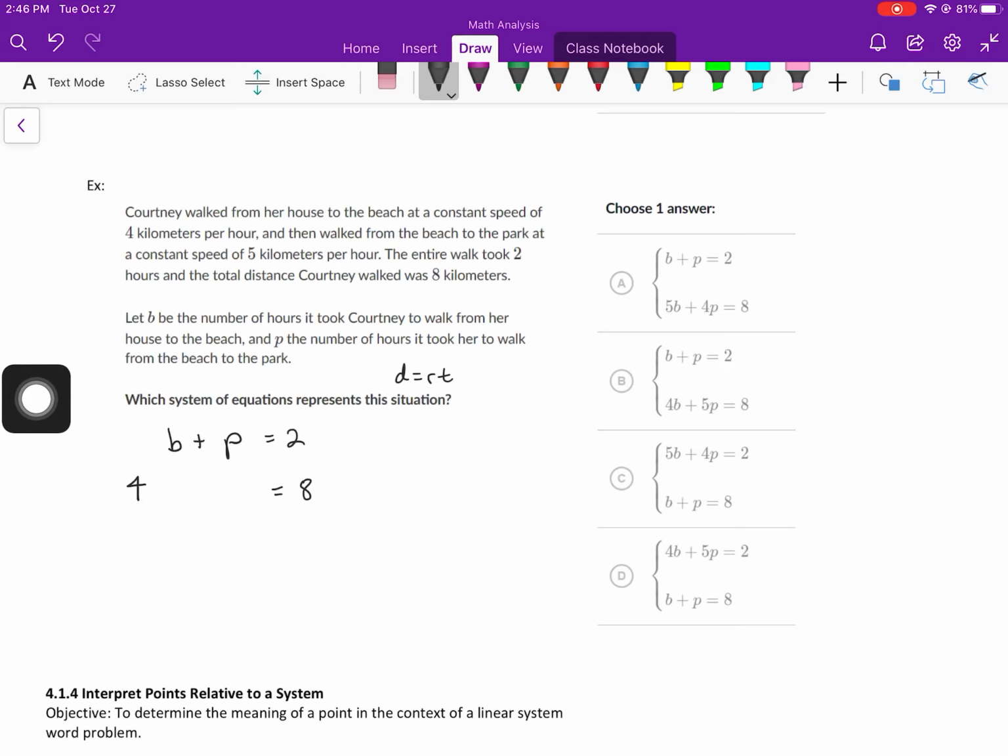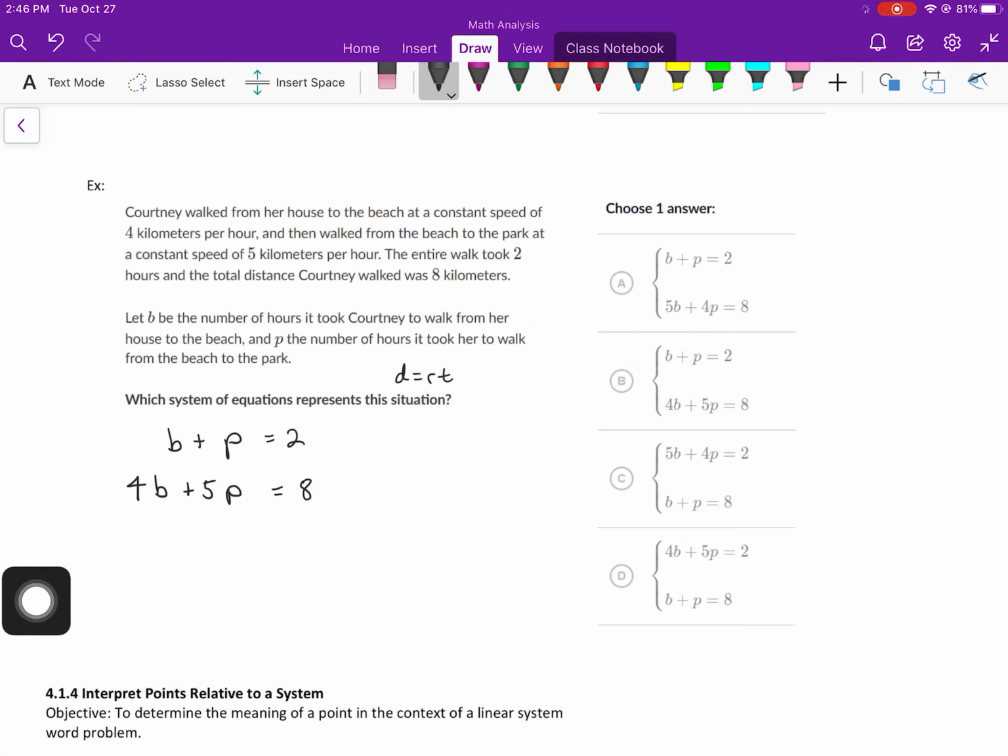So 4 kilometers per hour for B hours, plus we had 5 kilometers per hour, that's the walk to the park, for P hours. And the total distance is 8. So this represents the distance to the beach, this represents the distance to the park, because we have 4 kilometers per hour for this amount of time plus 5 kilometers per hour for this amount of time equals a total of 8 kilometers.